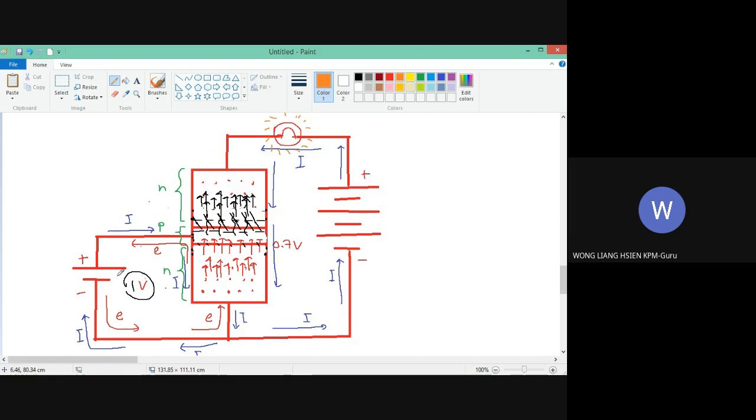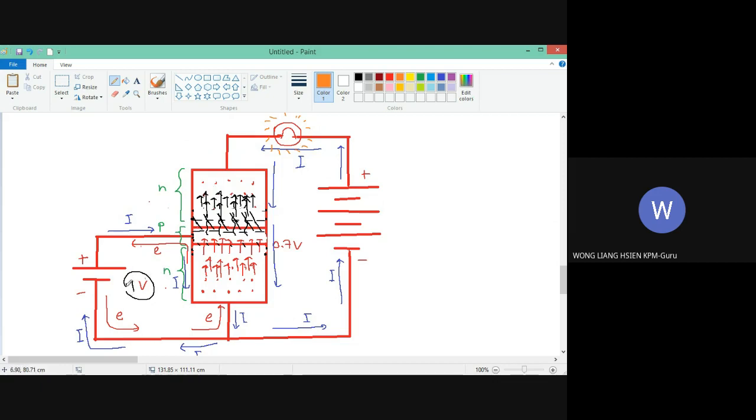When this voltage is bigger than the junction voltage here, we say that the transistor is turned on. Because when it's higher, the electrons can pass through the transistor, so the current over here can pass through. Here current can flow.